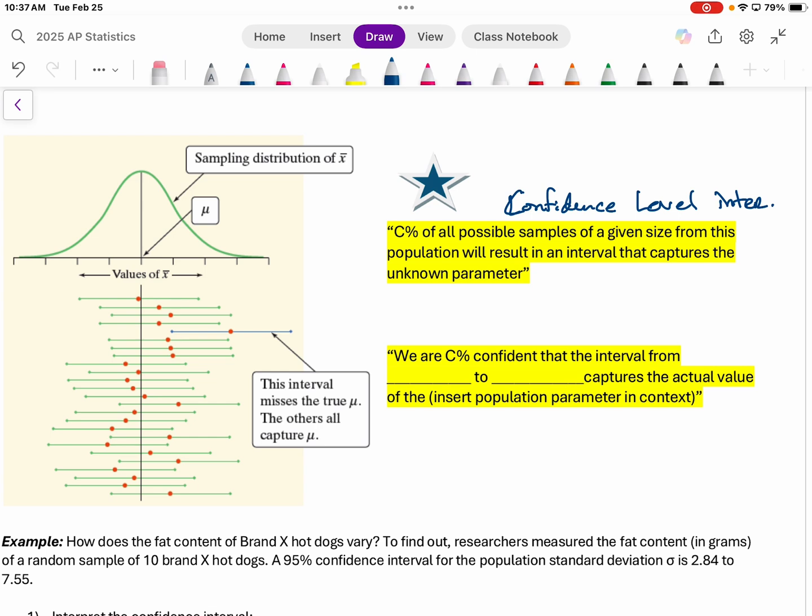If they tell us it's size 10 or size 50, we want to specify what it is. So it's like 98% of all possible samples of size 10 from this population will result in an interval that captures whatever our parameter is. And then for describing the confidence interval, that's the second script.